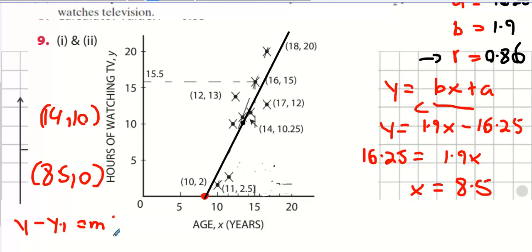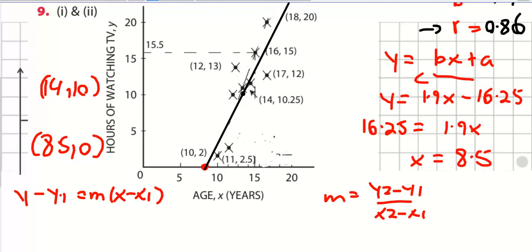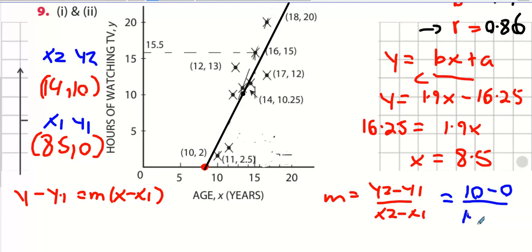Okay. So x2, y2, x1, y1. And what we got here was 10 take away 0, all divided by 14 take away 8.5. And what do we get?